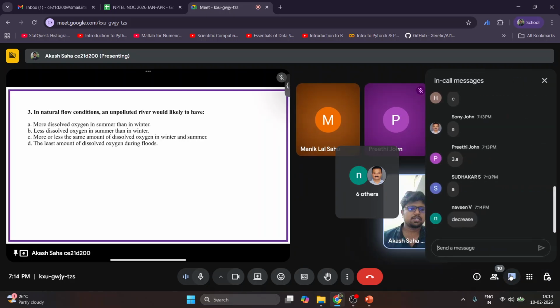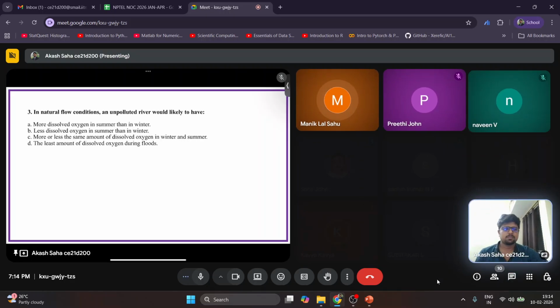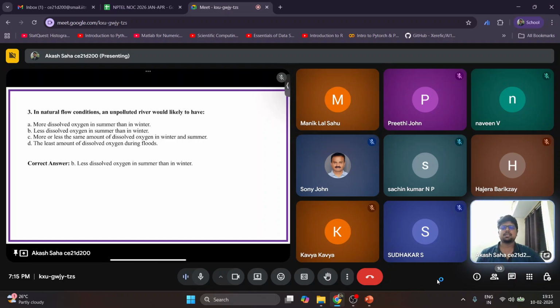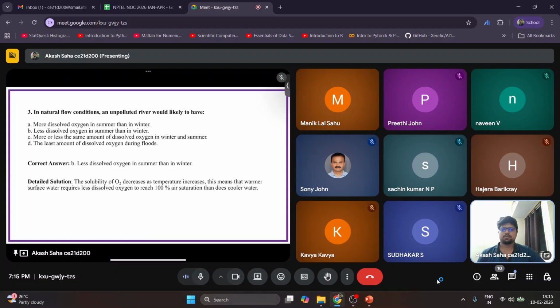Now you can answer it. Less dissolved oxygen in summer than in winter. Yes, exactly. So B is here the right answer. B is the right answer because as the temperature will increase, the solubility of the oxygen will decrease. Okay, so that thing you have to keep in mind. So the correct answer is less dissolved oxygen in summer than in winter.